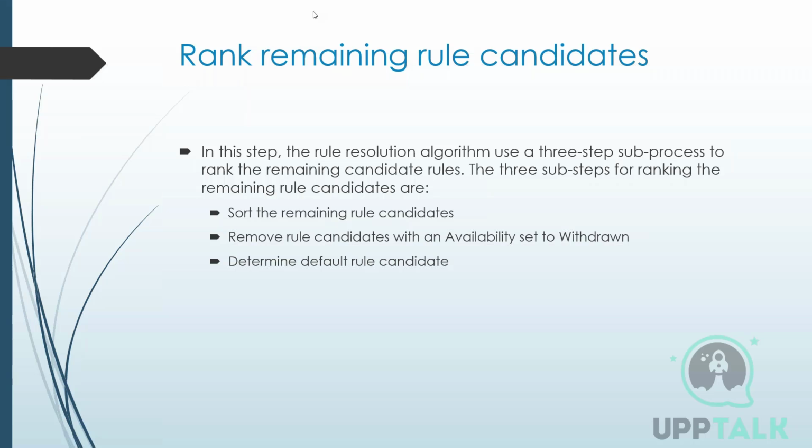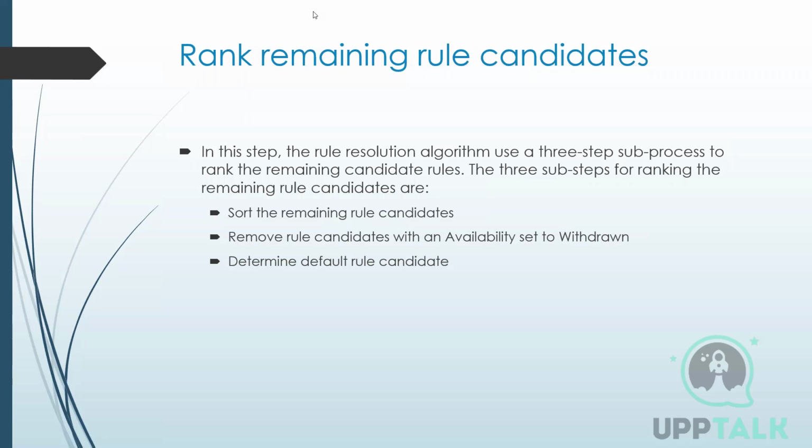Now, this ranking involves 3 sub-steps. You have to sort it, then check if any rules are set to withdrawn and remove them, and identify the default rule candidate. So 3 sub-steps are involved.